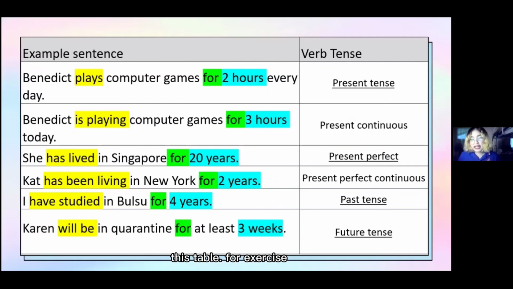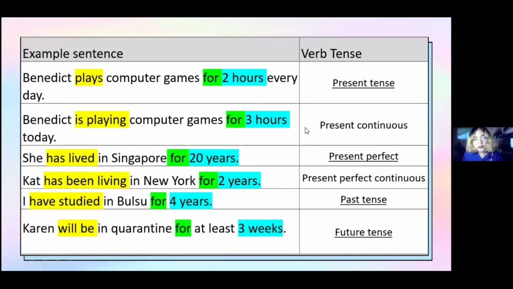For our exercise, I'm going to send an answer sheet in our Google Classroom containing these verb tenses. I already give the verb tenses, and then you're going to give me an example sentence with these verb tenses. For example, you're going to create a new sentence out of this one: Lian cooks for 2 hours every day. Like that. You do your own example.